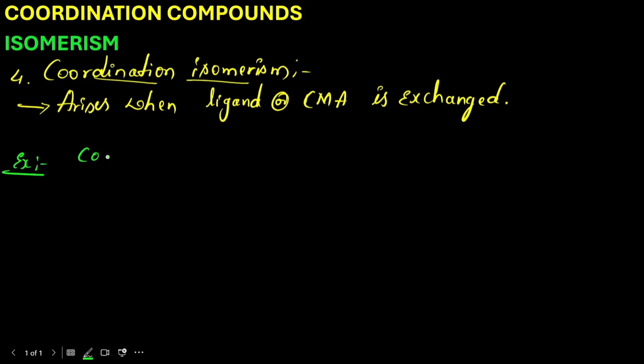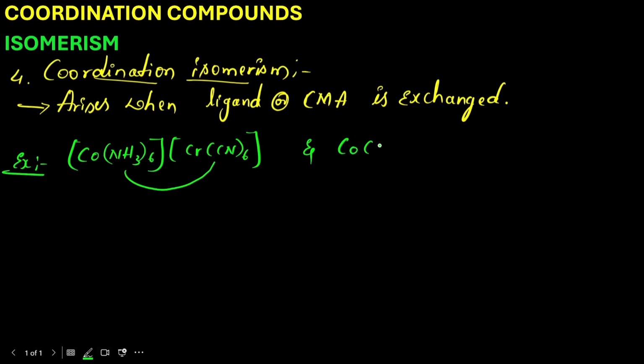If you consider [Co(NH3)6] along with [Cr(CN)6], what happens in this case is that the ligands are exchanged, so that we get [Co(CN)6] and [Cr(NH3)6].